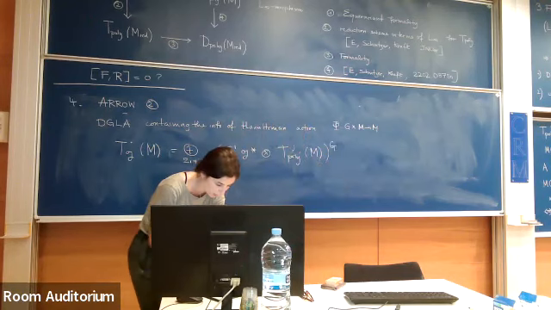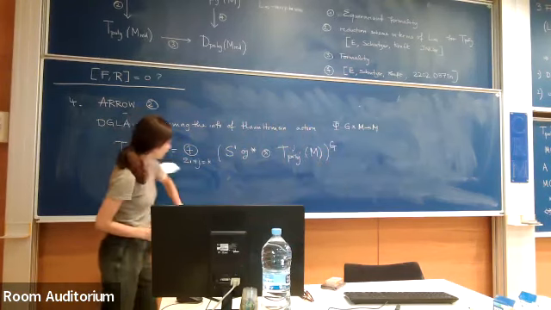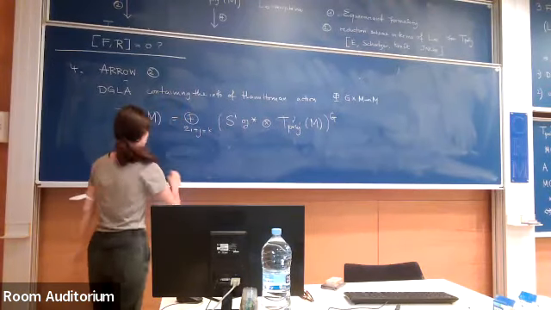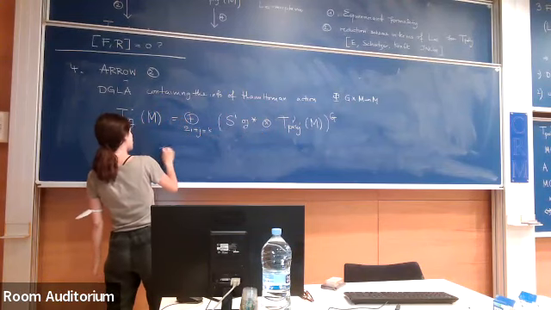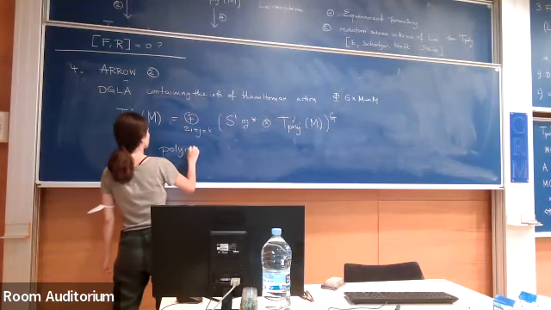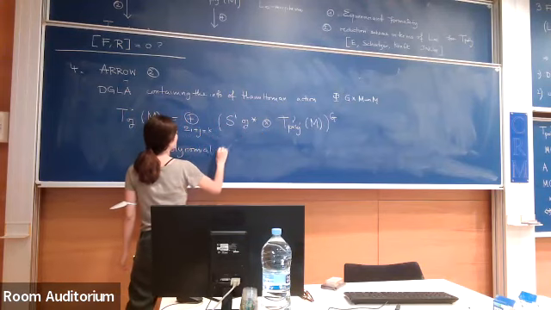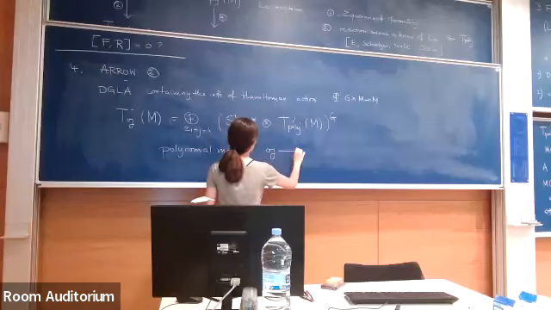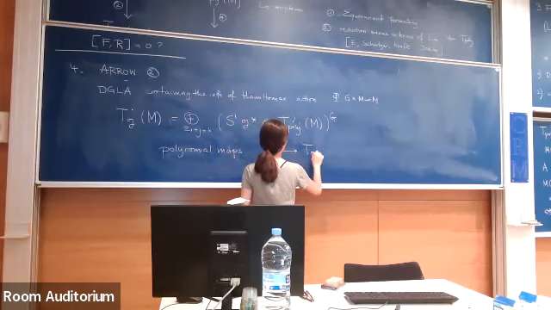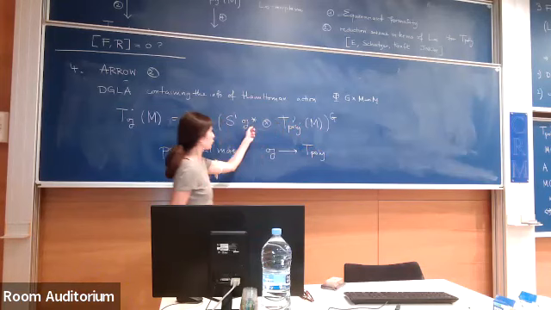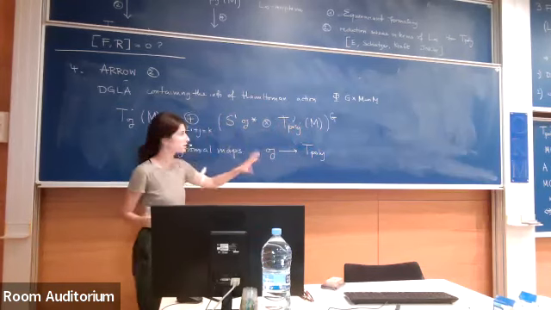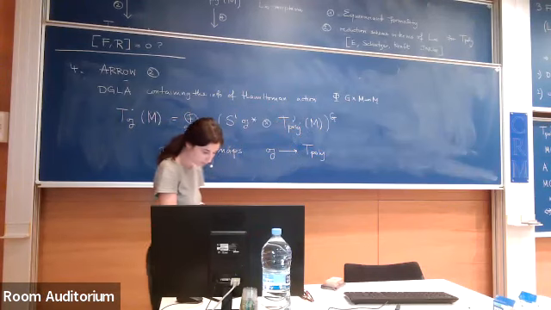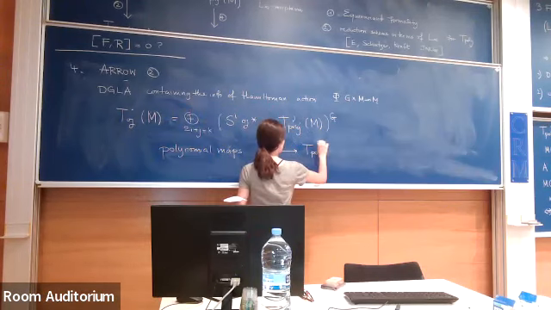Okay, why do I do that? So think of this object in the following terms. These are essentially polynomial maps from G to T-poly. So this is just another way to rewrite that we are considering all the polynomial maps from G to T-poly.